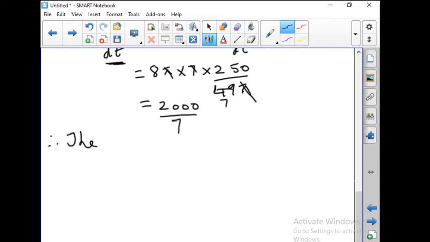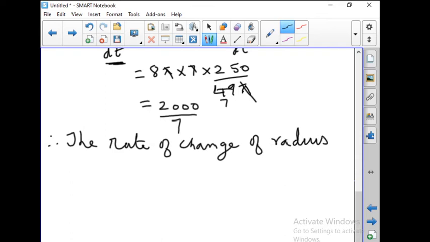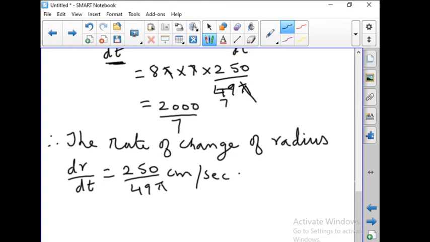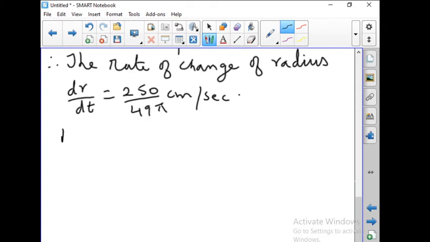Therefore, the rate of change of radius, that is dr by dt, is equal to 250 by 49 pi centimeter per second, and the rate of change of surface area.